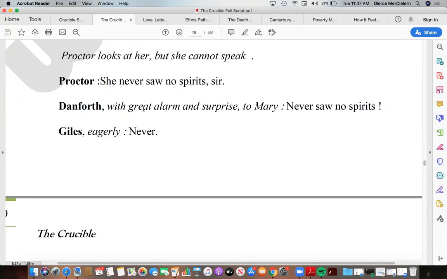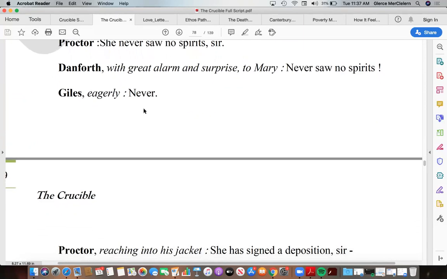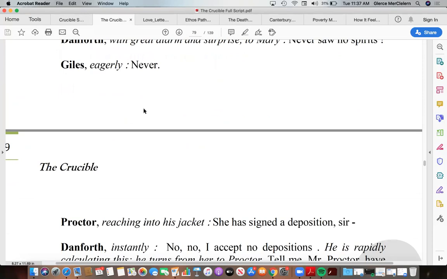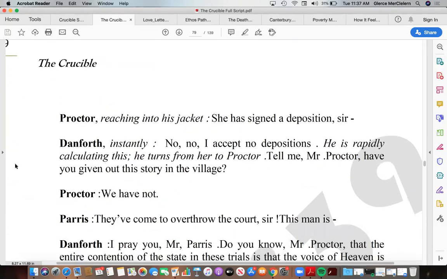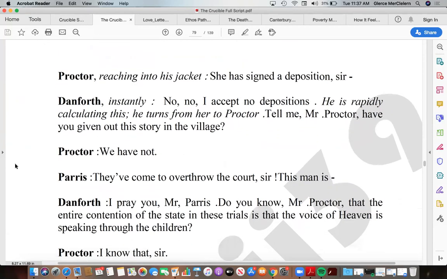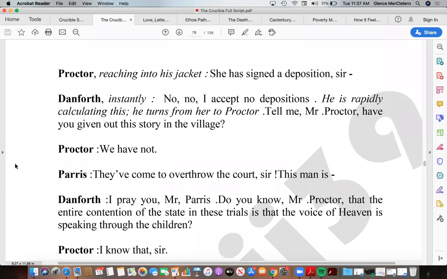Never. She has signed a deposition, sir. No, I accept no deposition. Tell me, Mr. Proctor, have you given out this story in the village?